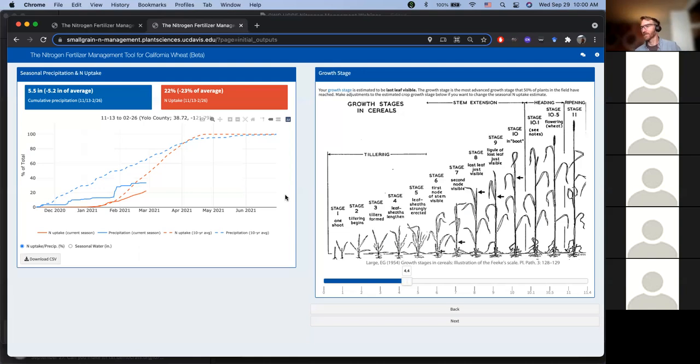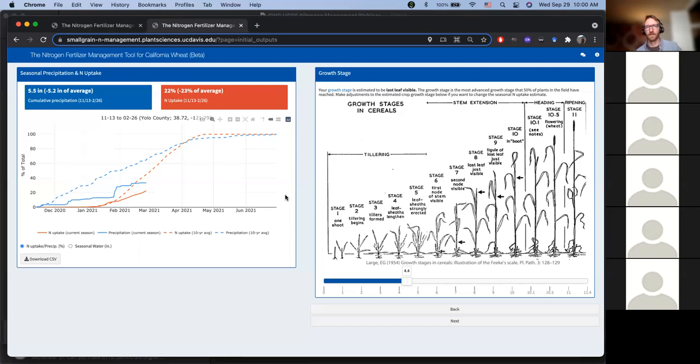Yeah, I could comment. We are trying to extend the base models so that they can take other measurements that aren't based on the sufficiency index that Conrad has been demonstrating. Historically, tissue testing of plants has been a way to determine deficiency.